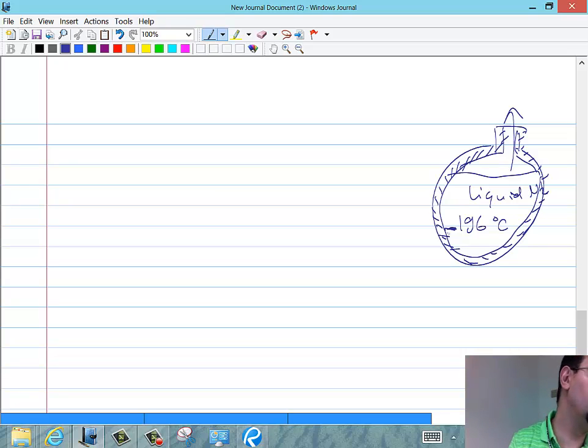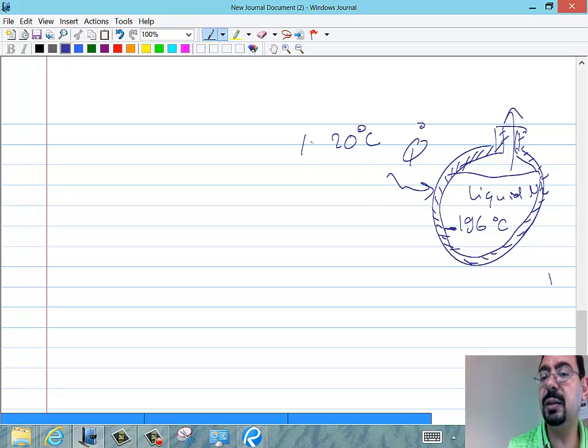And so that's what this problem starts with. He explained to us that the nitrogen in a tank will remain constant at minus 196 until it's depleted. And any heat transfer to the tank, and there will be heat transfer because it's really cold, and the air here is at 20 degrees, so one should expect the Q to go from the T air, T infinity, to the tank.